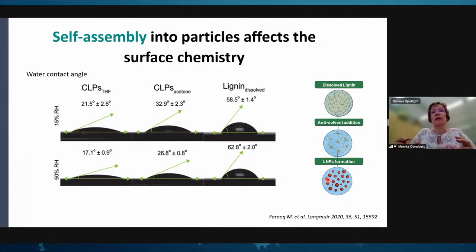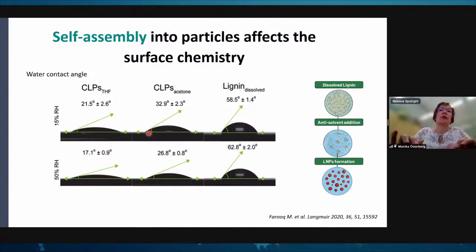And if we compare to normal lignin, the CLPs are more hydrophilic. And this is, of course, one reason why we can have the stable aqueous dispersion also. If it would be hydrophobic, it would, of course, phase separate from the water.